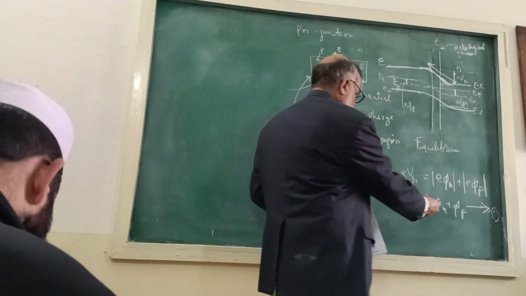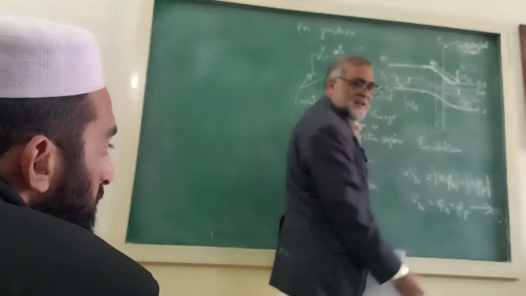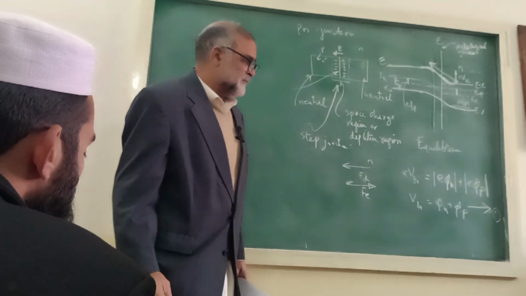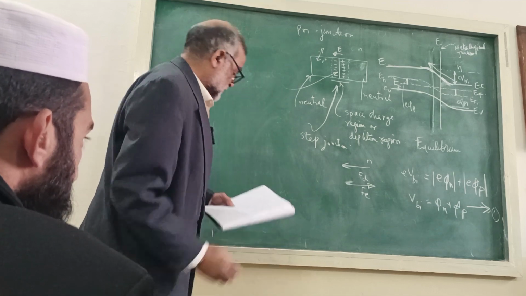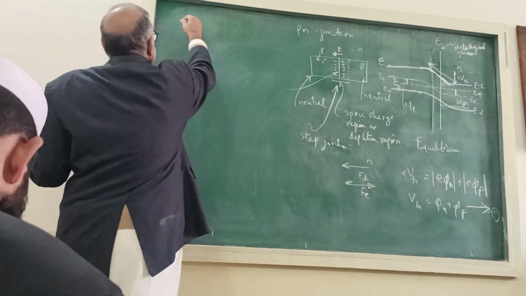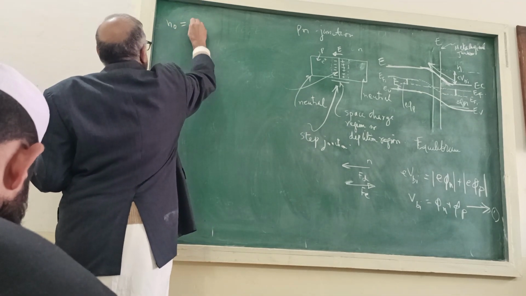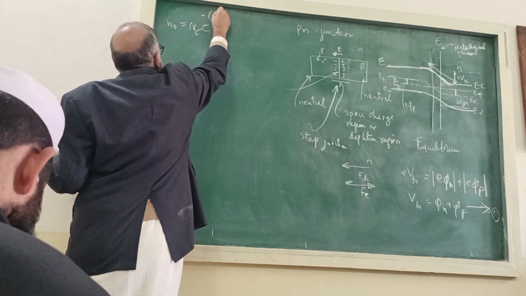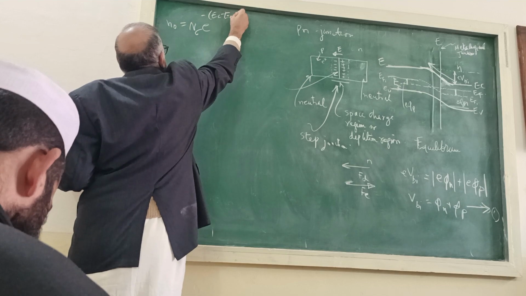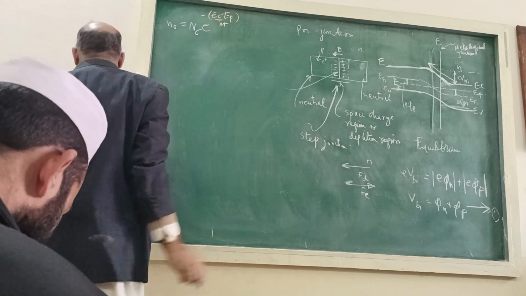Now we want to know what is phi n and what is phi p. We know that in equilibrium, n naught is equal to e to the power minus (Ec minus Ef) over kT.